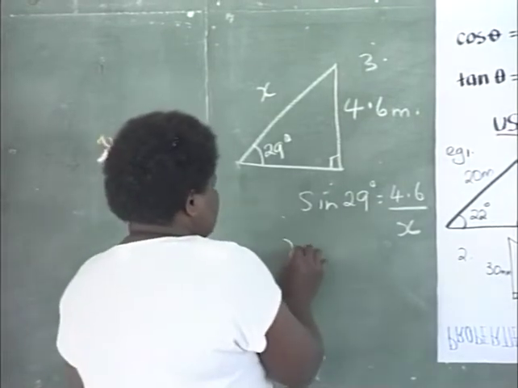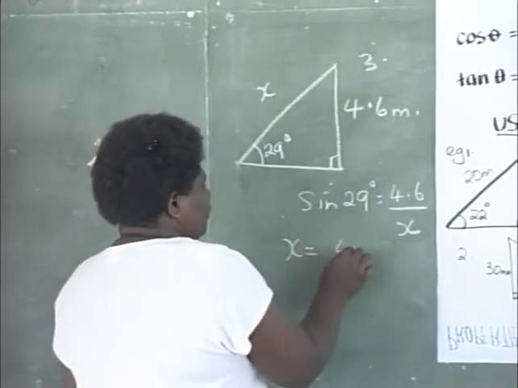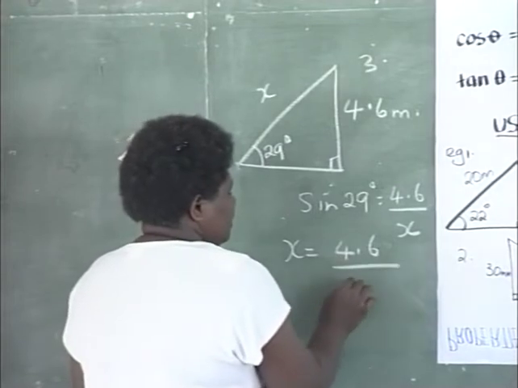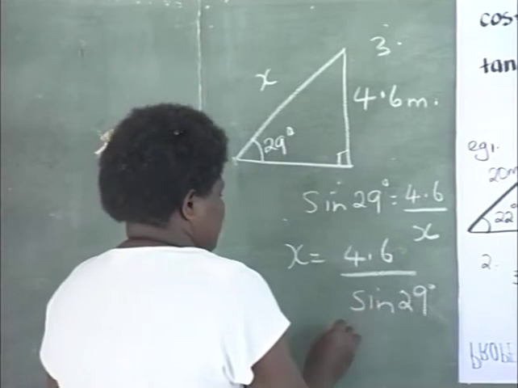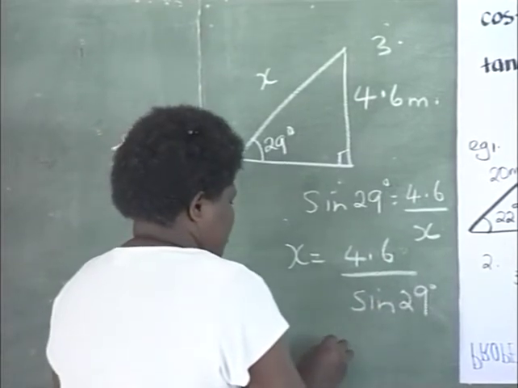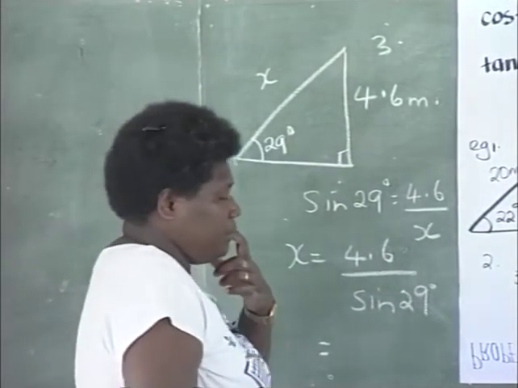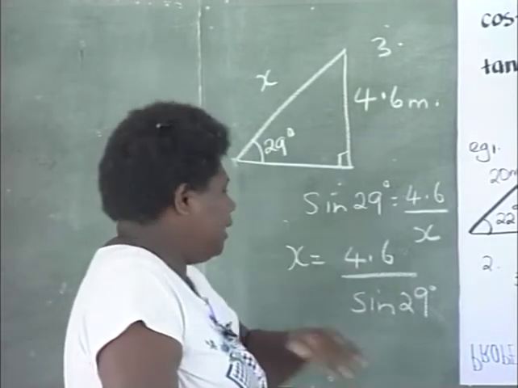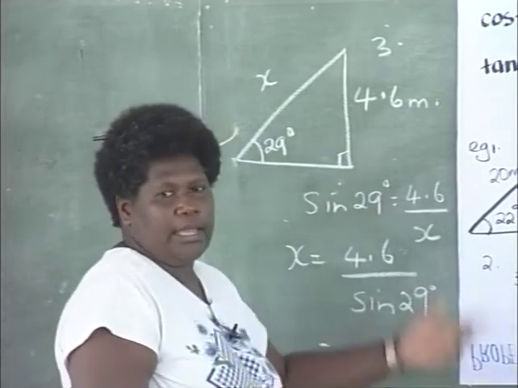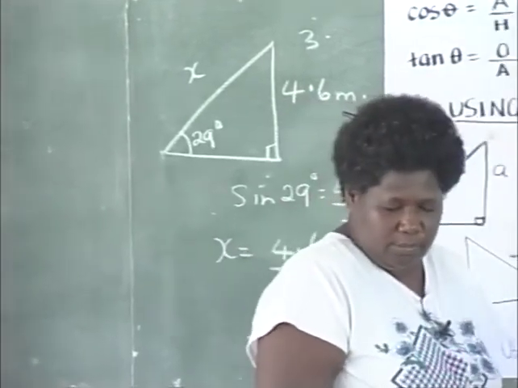All right, x will be equal to 4.6 over sine of 29 degrees. So for many of you, your calculators will be able to do this. You get 4.6 divided by, and then I think press sine 29 equals, and it will give you the answer.